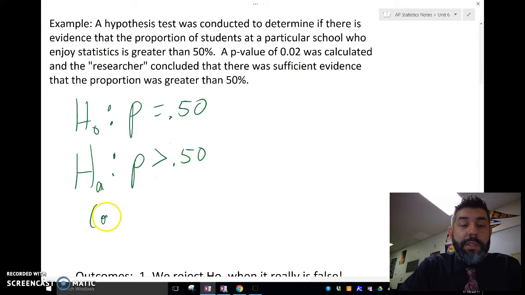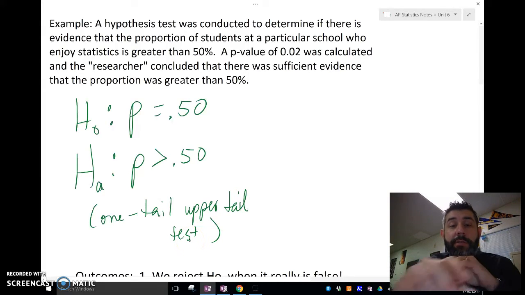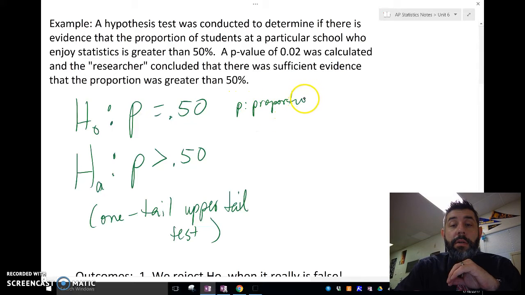So I'm going to have a one-tail, upper tail test, where p is the proportion of students who enjoy statistics at the school.